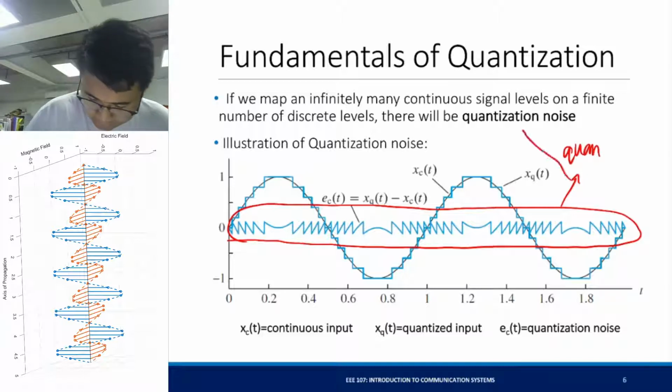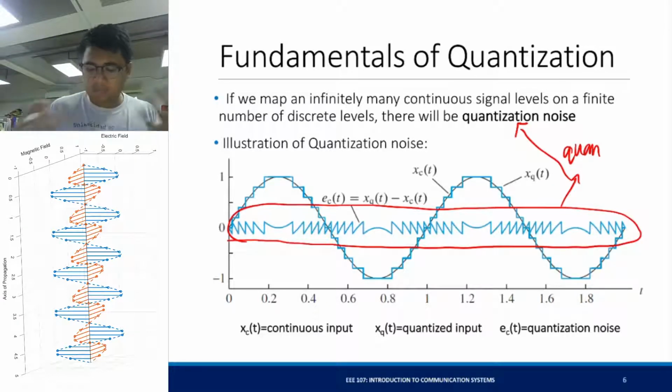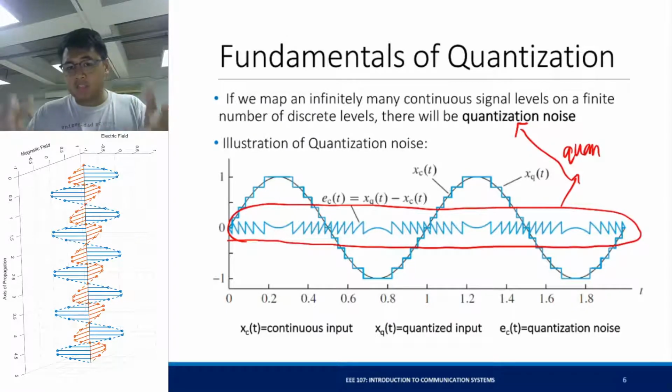It's written here. Okay. So it's the noise due to quantization, and because of that, inherently, if you try to quantize a signal, the output of that results in basically a signal that inherently has noise.